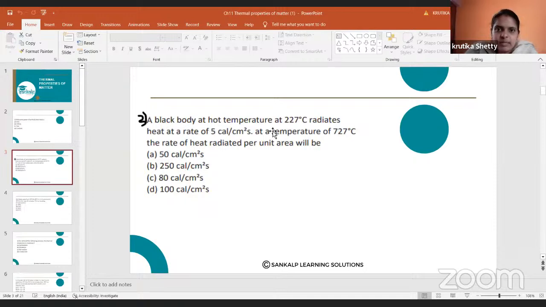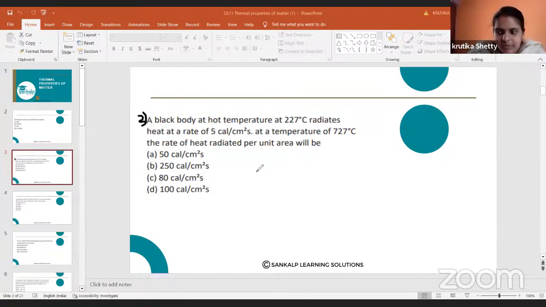See here. The temperatures T1, T2 are given. The rate of heat is given. They are asking the rate of heat radiated per unit area, right? So how to do this? The solution is according to Stefan-Boltzmann law.